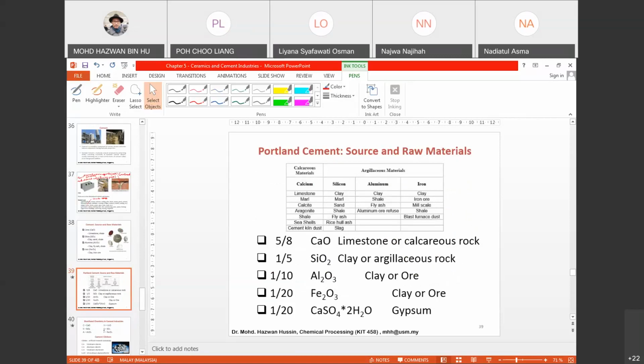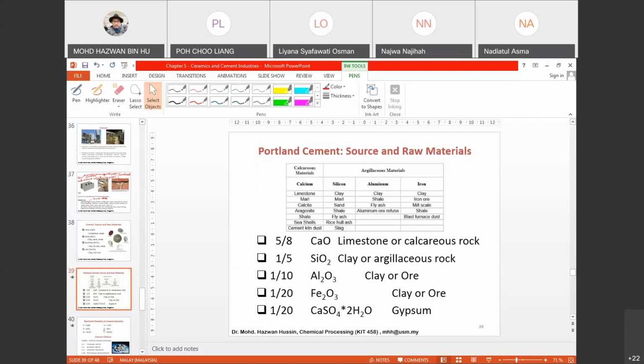You have around 5/8 of calcium oxide, 1/5 silica, or aggregates, salts or rocks, 1/10 of alumina, 1/20 of iron ore, and also 1/20 of calcium sulfate or gypsum.